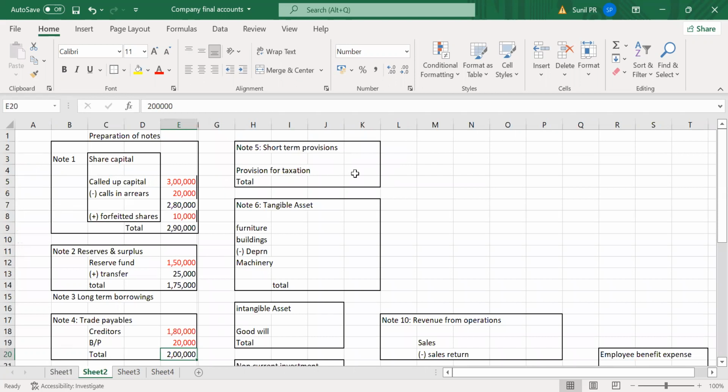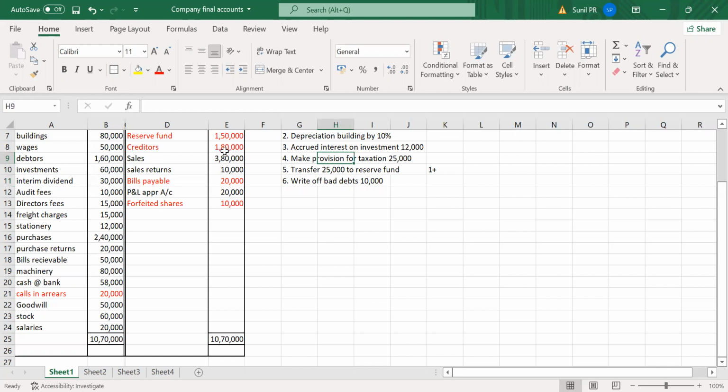How much is the provision for tax? 25,000, right? So total will be 25,000 only. Then almost we have done the liabilities part. Just remember, provision for tax is taken once. Now, one more time you have to do.